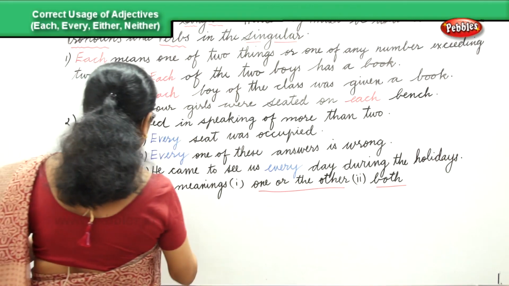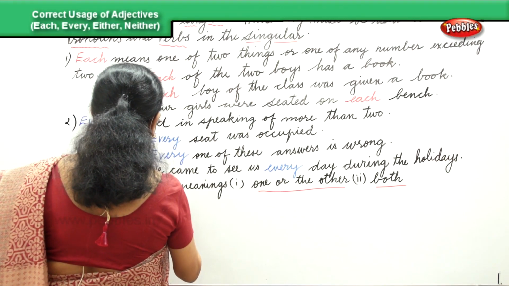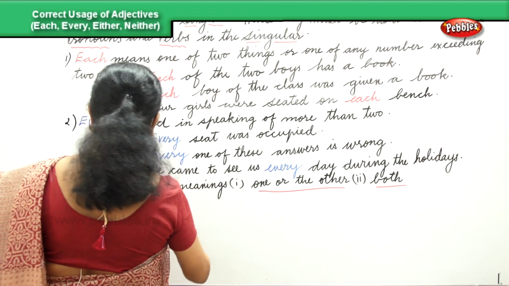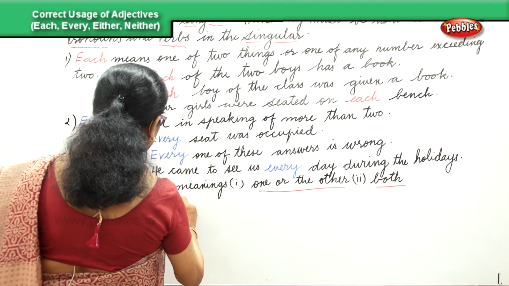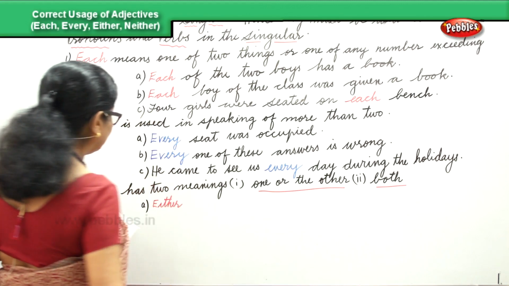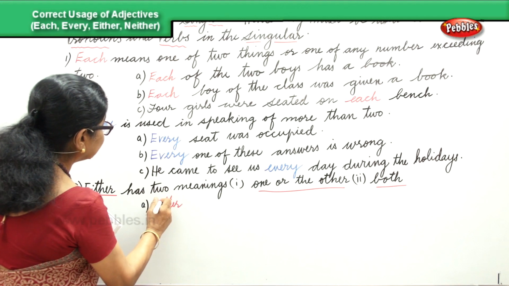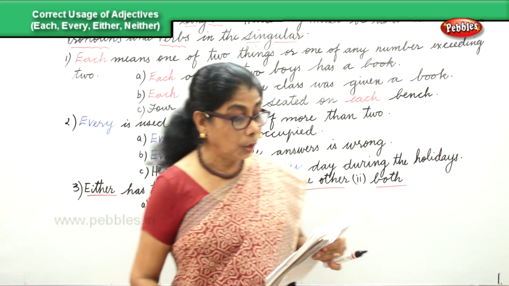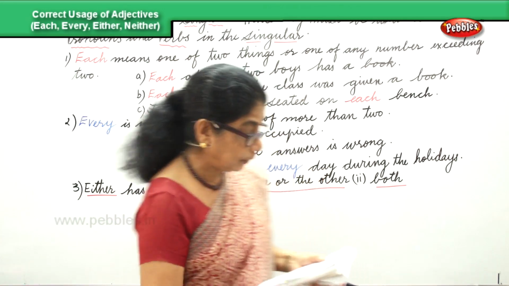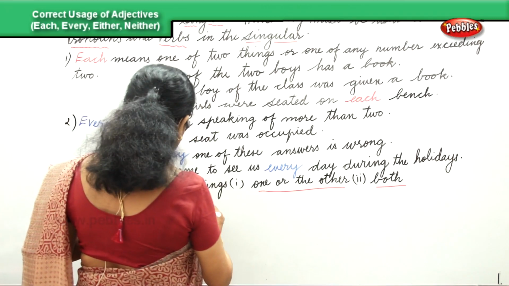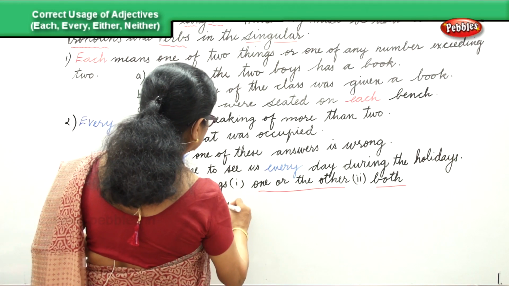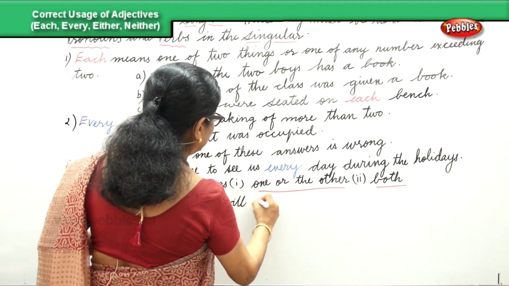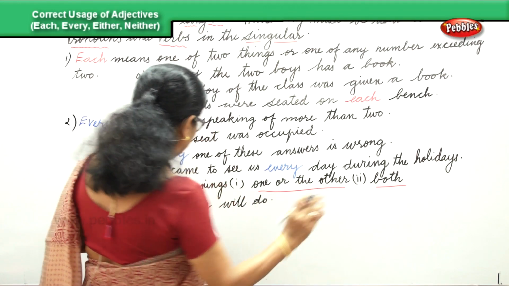A, either pen will do. First sentence is either pen will do. That means one or the other will do.